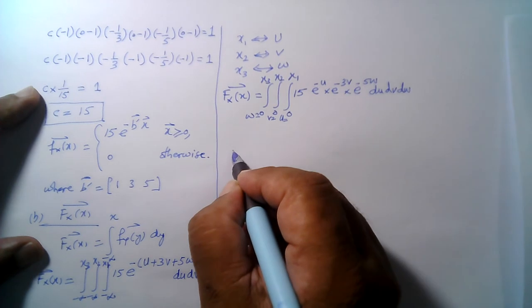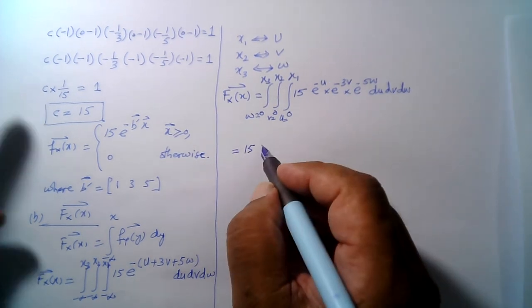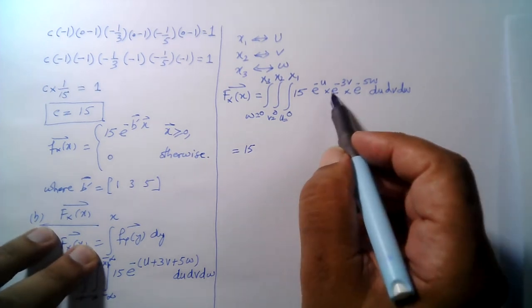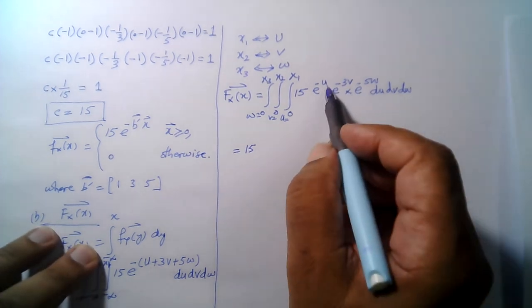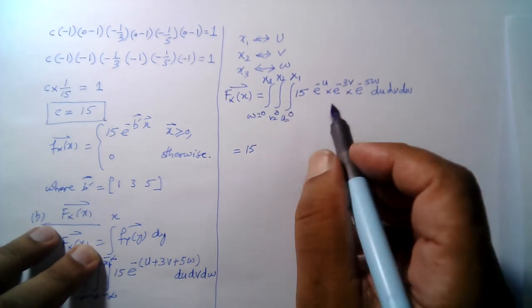So 15 is a constant, it can be written outside, and as these terms are functions of individual variables, these three integrals could be split.